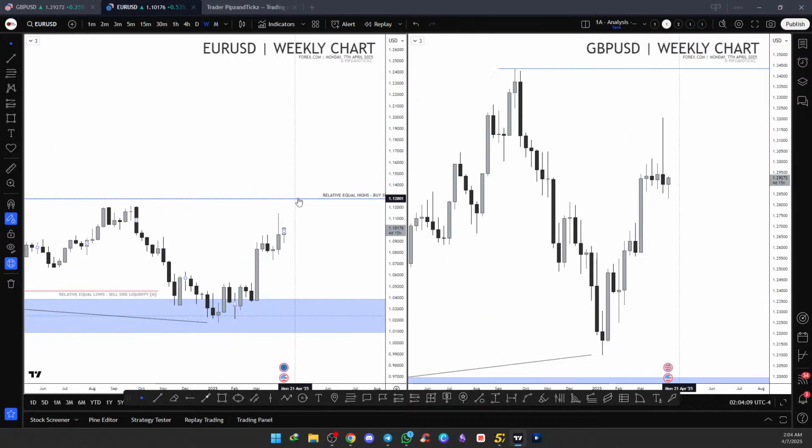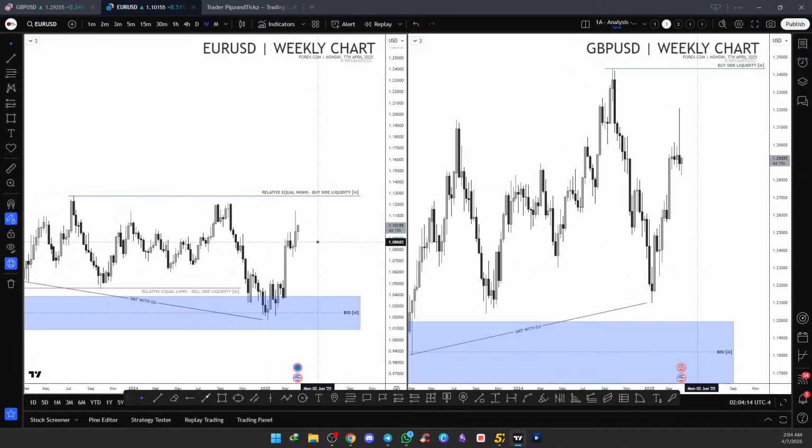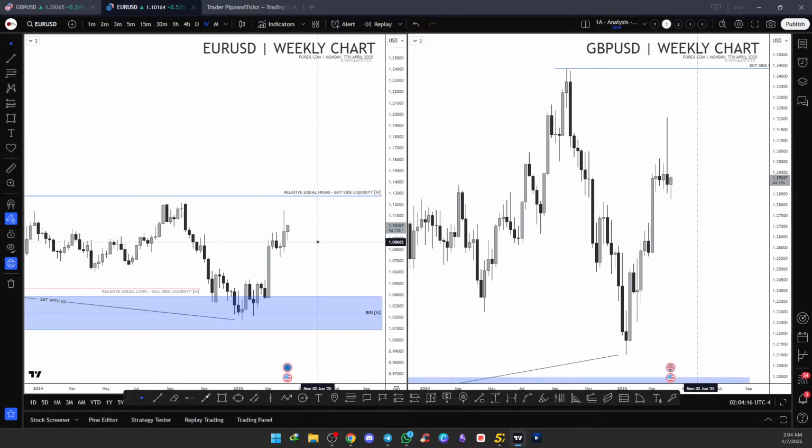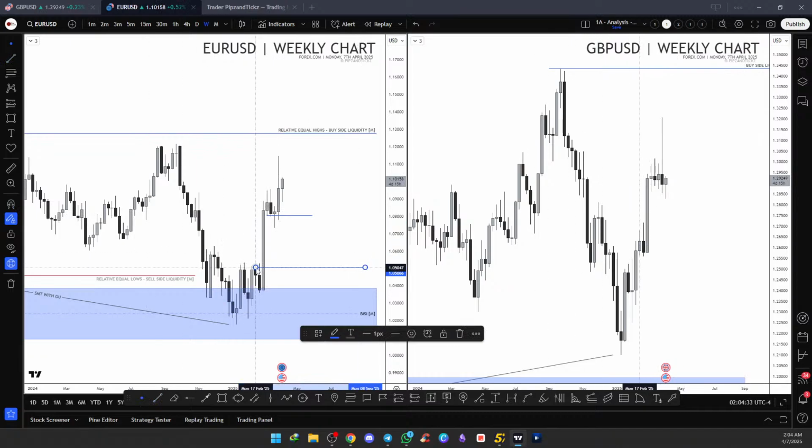Switching to weekly now. So what do we see here? So where is the internal and external liquidity? From the very recent price delivery, we are able to see that price is taking out the buy side liquidities, and it is coming down to take internal liquidity in the form of inefficiency, right?